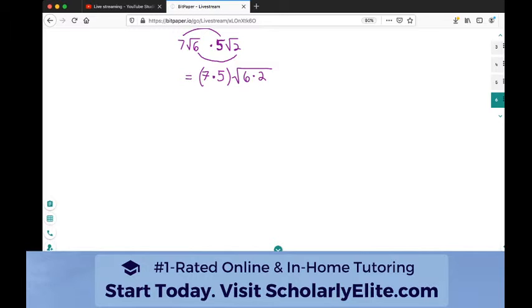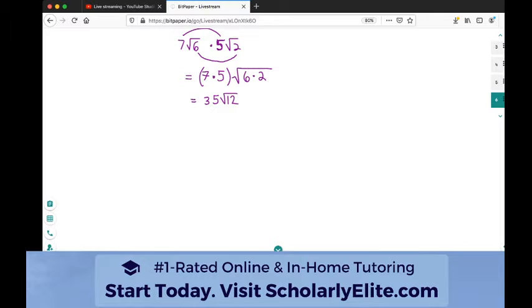Wonderful. Let's get those answers. We've got 35 on this part, and over here we've got 12. Let me fix that, make it look neater. Now, everything we've learned so far tells us that this cannot be the final answer because it's not simplified enough.